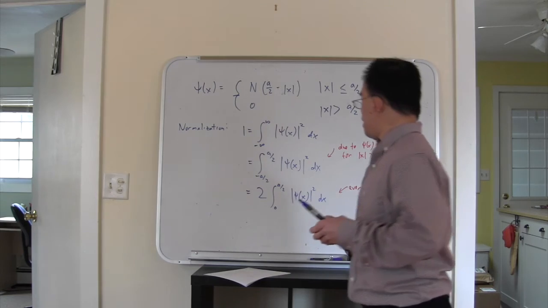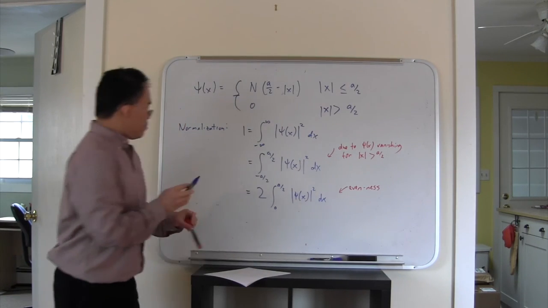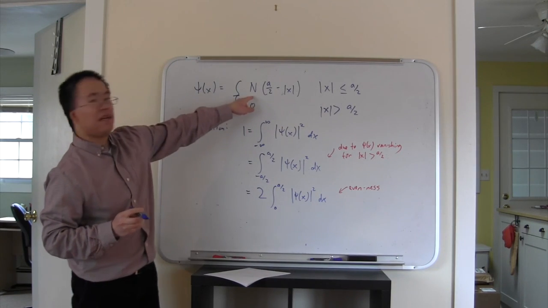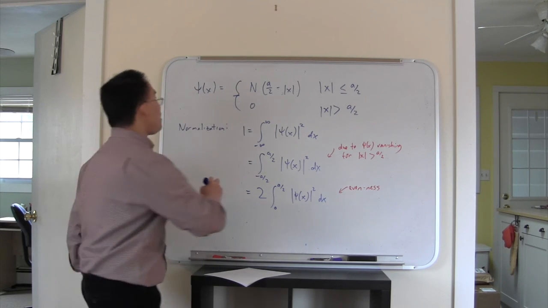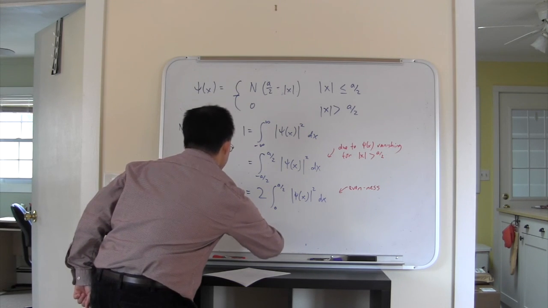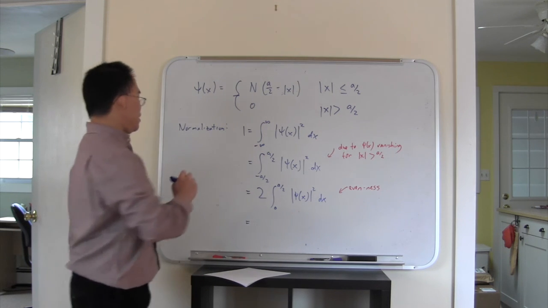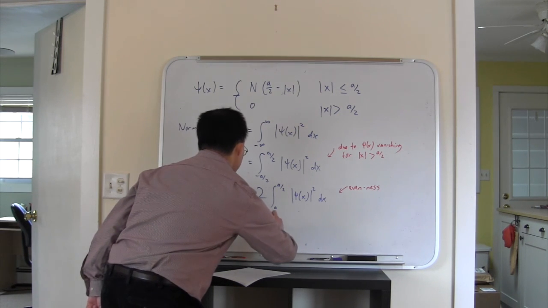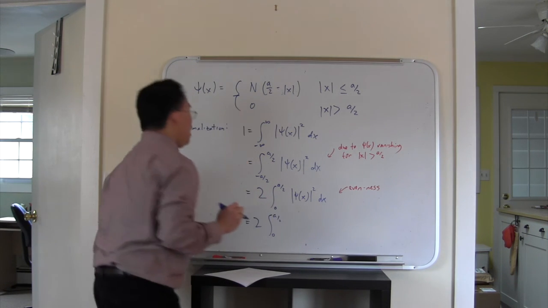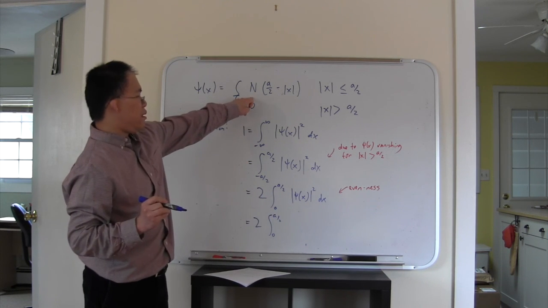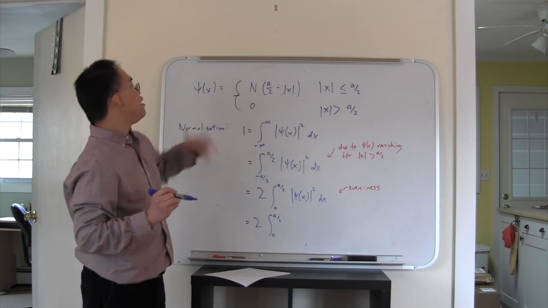Alright, and so now this means that I can just take what the function looks like for positive x. So that gives me the following. So I get 2, 0, a over 2. I now need to take the modulus square of this.